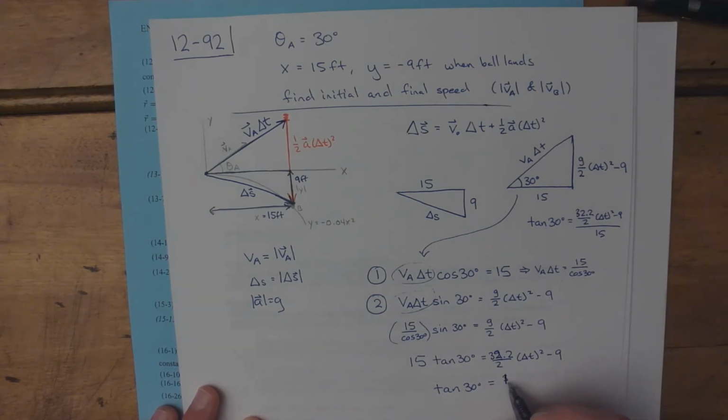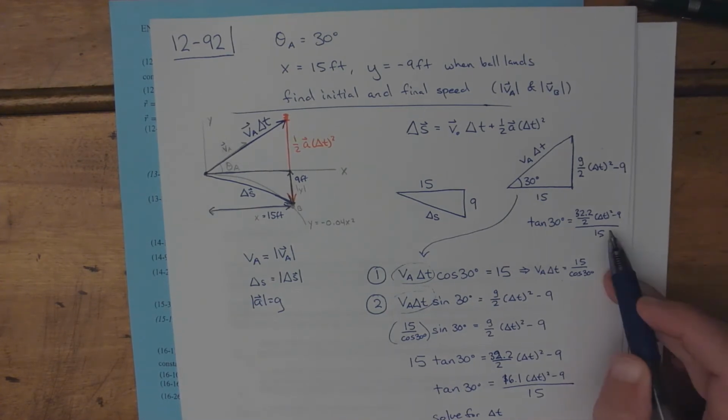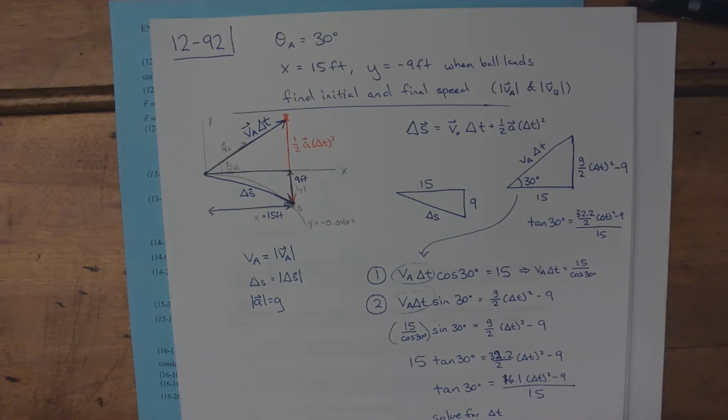Okay, so we have tangent of 30 degrees is equal to 32.2 divided by 2, which is 16.1, times delta t squared minus 9, divided by 15. And we want to solve that for delta t. So actually, I kind of went in a circle there to get what I had here, but now I want to go back and get delta t, so the 15 is going to go back on the other side.